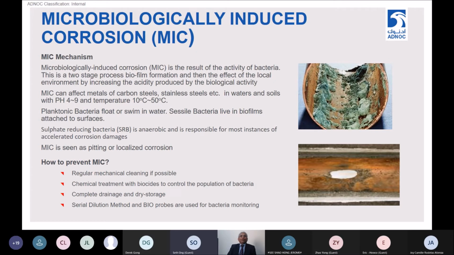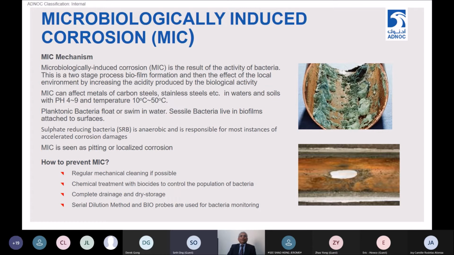Microbiologically influenced corrosion is a major threat, particularly for equipment exposed to seawater. You've got problems associated with biofouling in the first place, and then second is sulfate-reducing bacteria, especially in anaerobic conditions, which develop from oxygen scavenging that's done to seawater prior to injection.